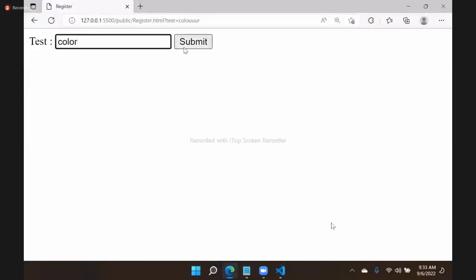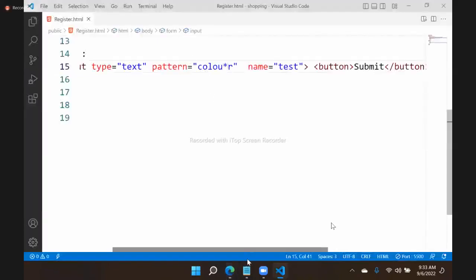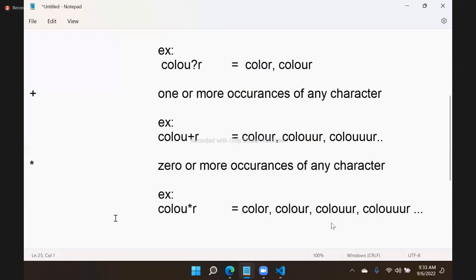Without U, it is allowed. COLOUR, 1 U, it is allowed. COLOUR, that is also allowed. It can be any number of times. Anything else other than this is not allowed.